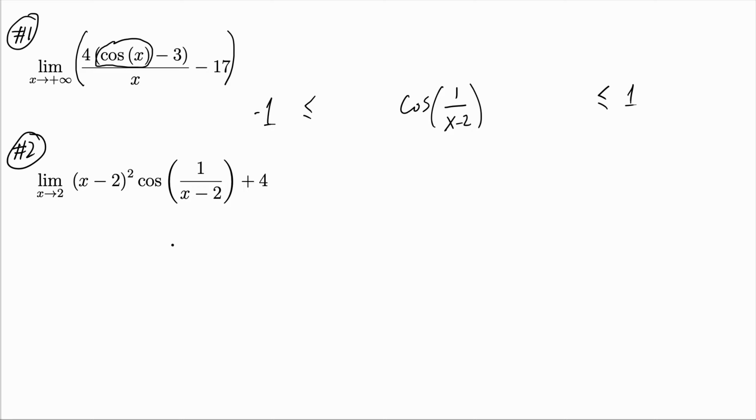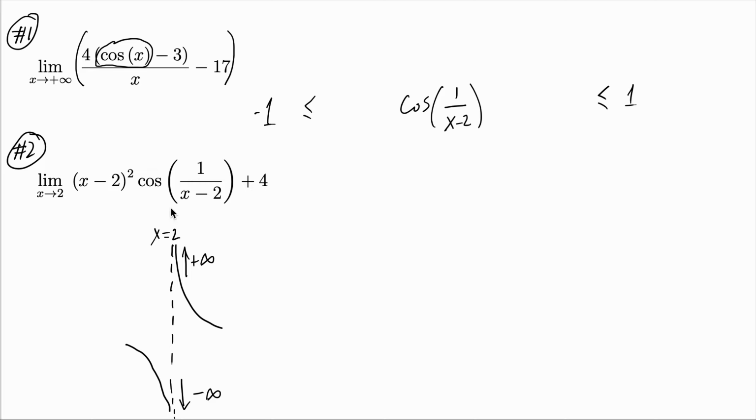Now, the graph of 1 over x minus 2 is just the graph of 1 over x that's been shifted to the right 2. So it looks something like this. And in looking at that, notice on one side the input's heading toward positive infinity, and on the other side it's heading down toward negative infinity.